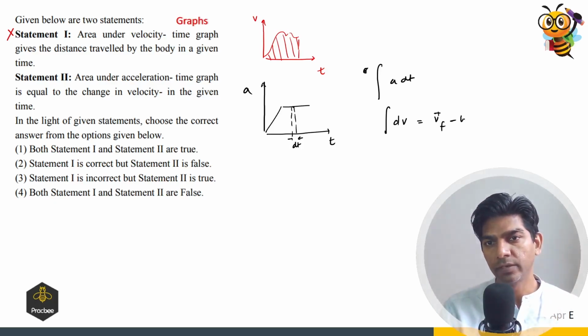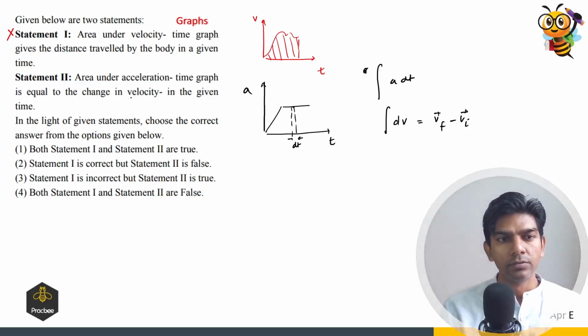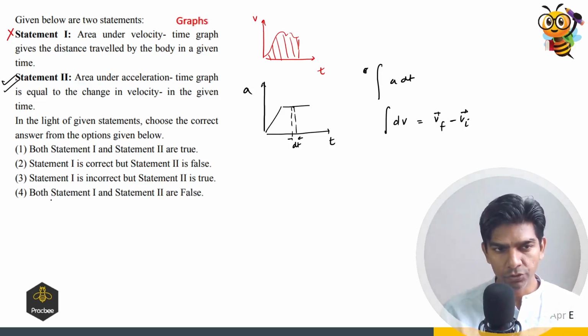So v final minus v initial. So that gives us the change in velocity. So statement 2 is correct. So the right answer should be statement 1 is incorrect, statement 2 is correct. So it should be 3.